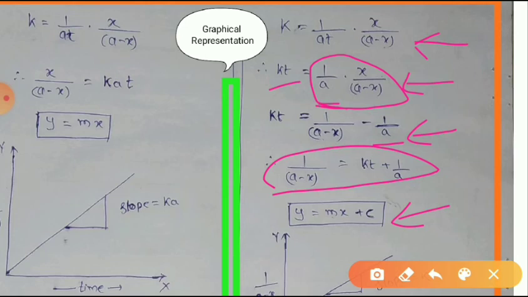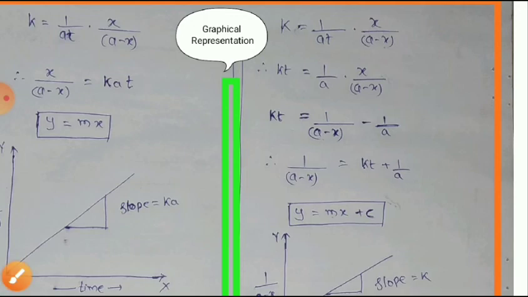Here the value of y is 1 upon a minus x, the value of x is t, the value of m is k, and the value of c, that is the constant, is 1 upon a. So this is the equation of a line which is not passing through the origin, but somewhere intersects the y-axis.